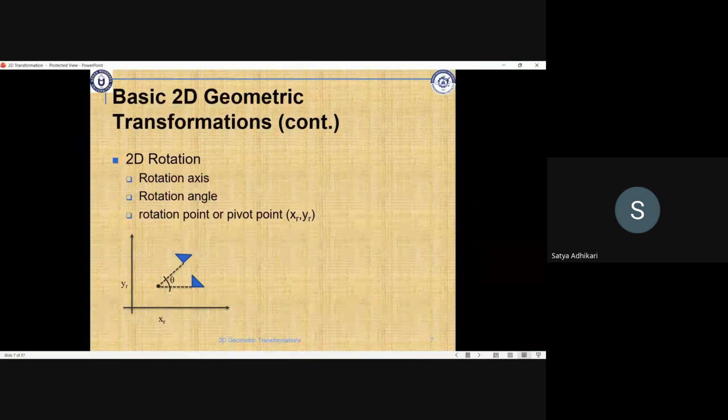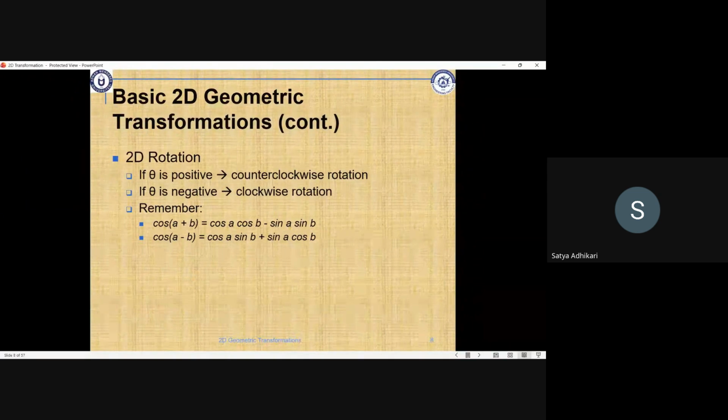We will discuss the direction in the next slide, and it will be clear that the direction of rotation depends upon the sign of theta. If theta is positive, the rotation is anti-clockwise, counterclockwise.